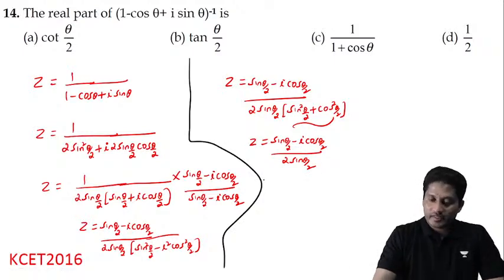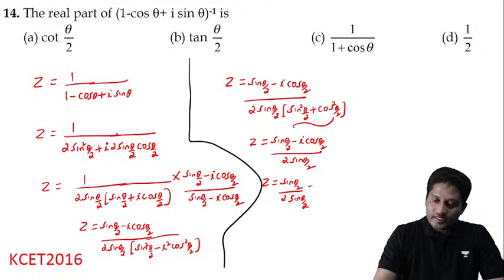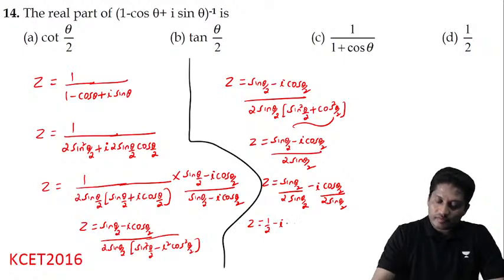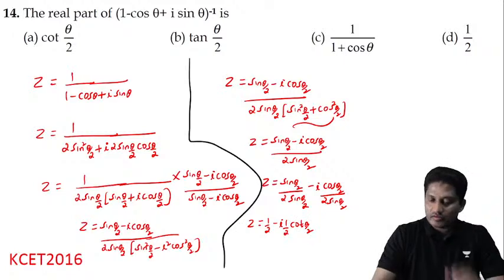Now if you divide, z is equal to sin theta by 2 upon 2 into sin theta by 2 minus i into cos theta by 2 divided by 2 into sin theta by 2. That is equal to 1 by 2 minus i times 1 upon 2, cos by sin is cot, so cot theta by 2.